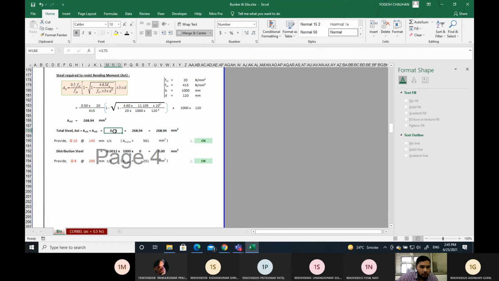So the area of steel required will be equal to this much.